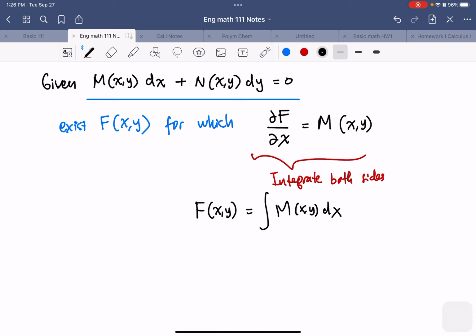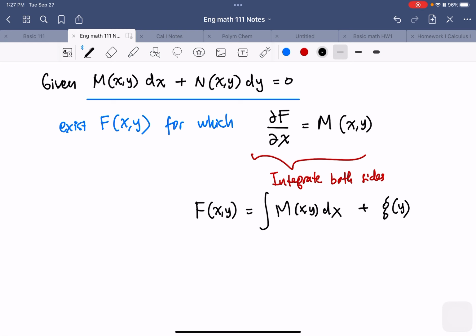But we need to define what constant might appear in our function. Remember, we differentiated partially to get partial F, partial x, right? So the function that will appear is actually a function of y.